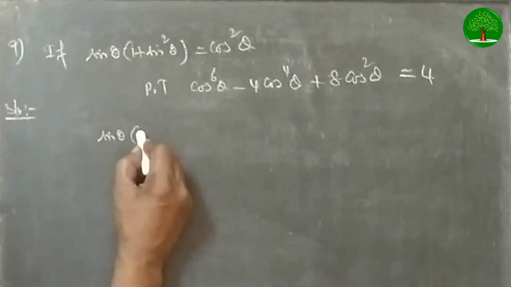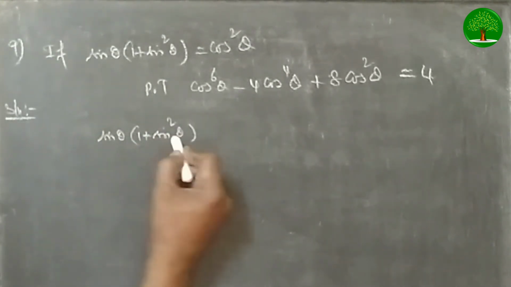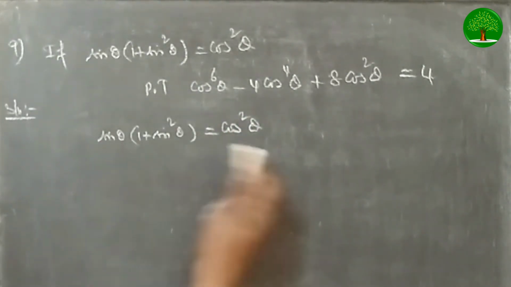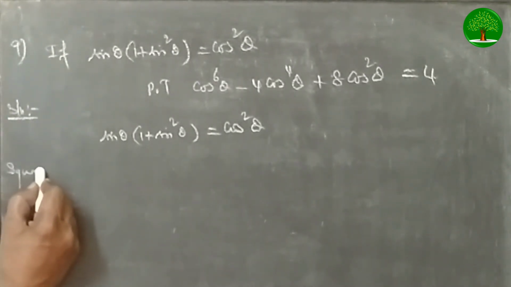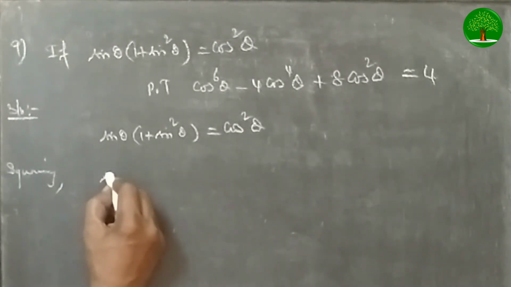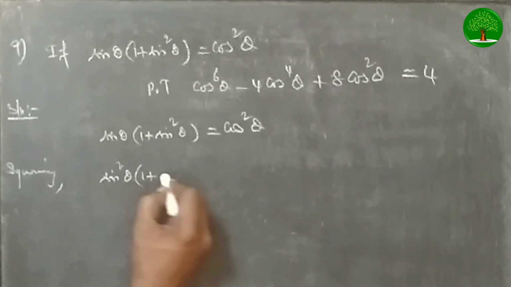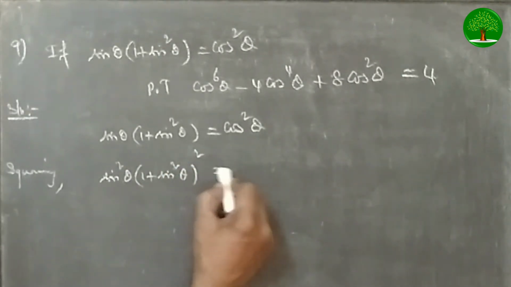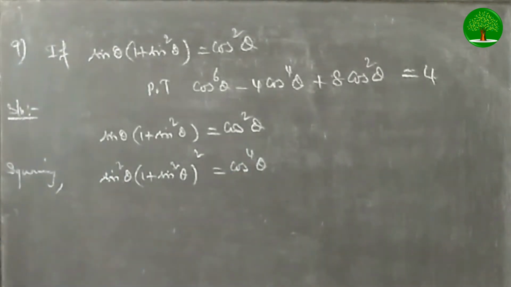Sin theta of 1 plus sin square theta is equal to cos square theta. Squaring both sides, that is sin square theta into (1 plus sin square theta) whole square is equal to cos to the power of 4 theta.